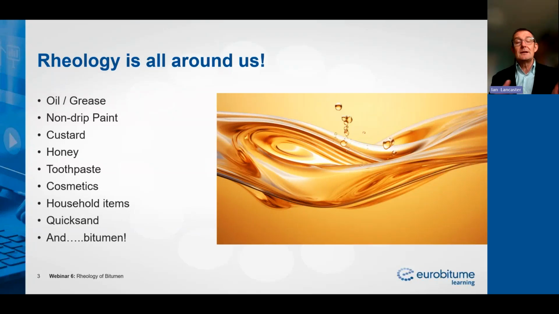When you're decorating and you use non-drip paint, it's rheology that defines how easy the paint is to apply, and also the fact that once applied to the item that you're painting, it stays there and it doesn't run away. It's rheology that defines all of that.